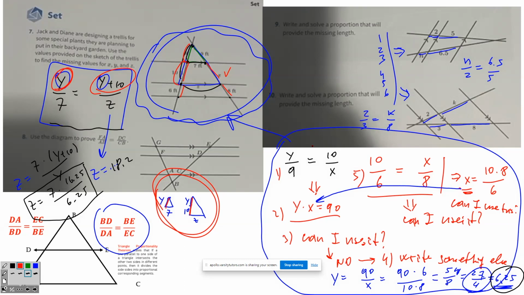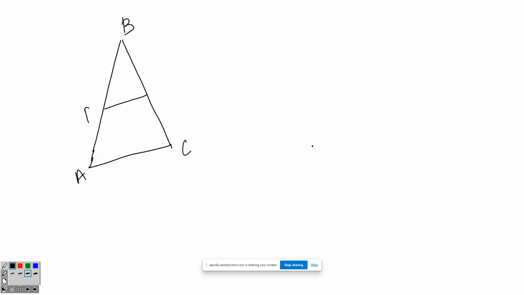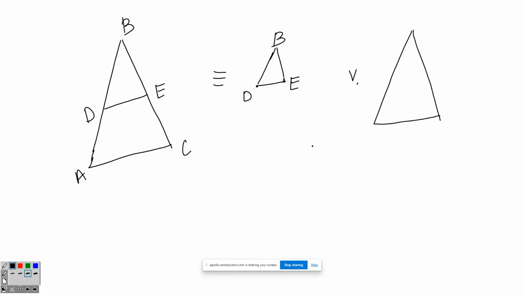This is the original situation, but it is equivalent to a comparison of two similar triangles, the small one versus the large one.